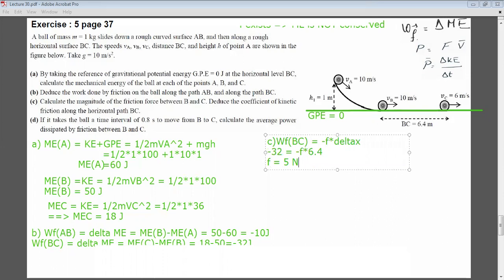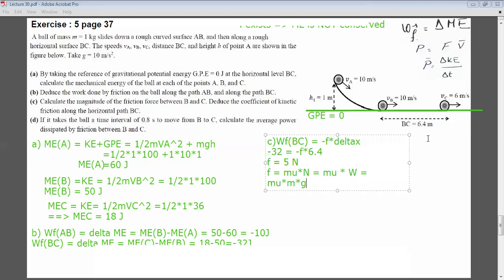Then deduce the coefficient of kinetic friction along the horizontal path BC. I will use F equal to mu times N, and this is equal to mu times m times g, which is W actually. Why is it the case?